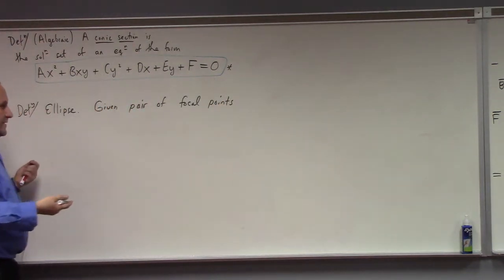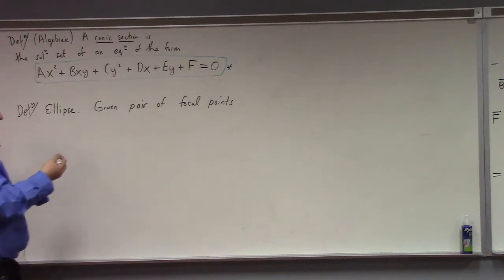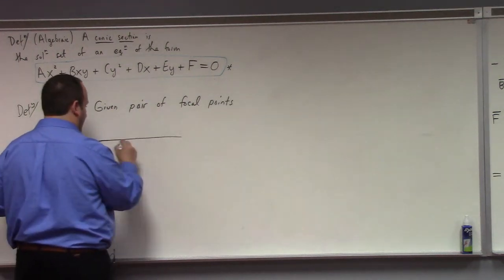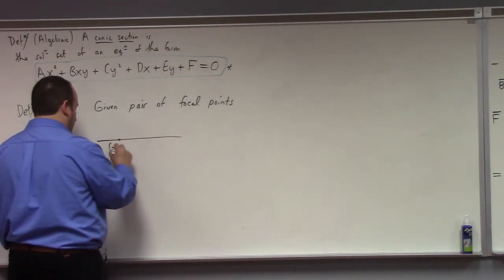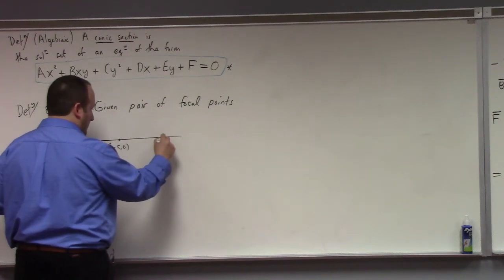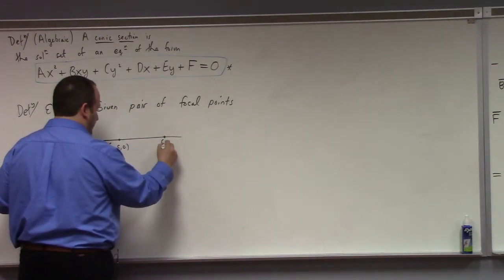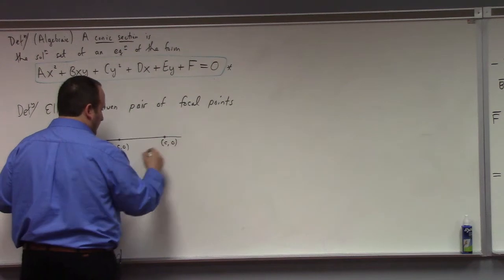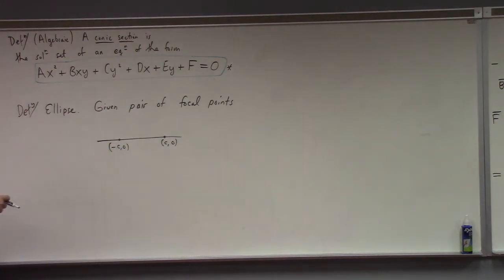And without loss of generality, let's put them on the x-axis. All right? And we'll put them symmetric about the origin, just because we can. Given a pair of focal points, an ellipse is defined to be what? The set of points for which the sum of the distance from the given point to the focal points is held fixed as some constant, right?